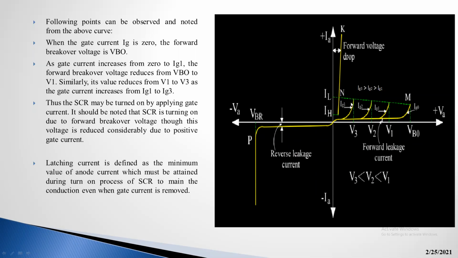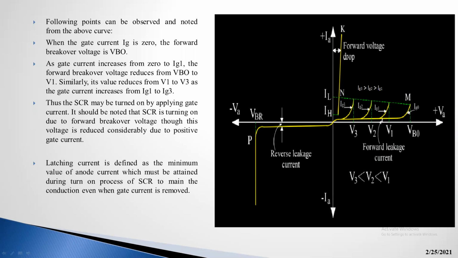If the magnitude of the gate current is at this point, only a small amount of voltage can be applied across the anode and cathode. If the gate current decreases from Ig3 to Ig2, the voltage across the anode and cathode increases. If it decreases again from Ig2 to Ig1, the voltage increases again.